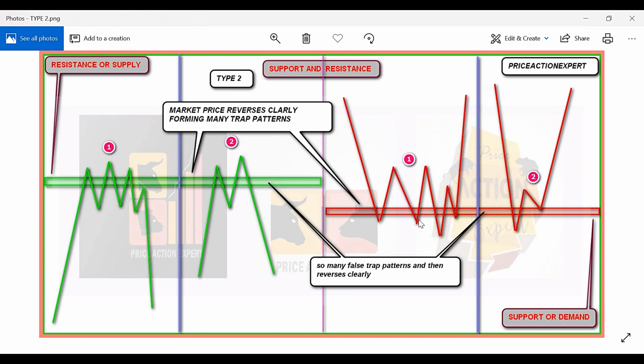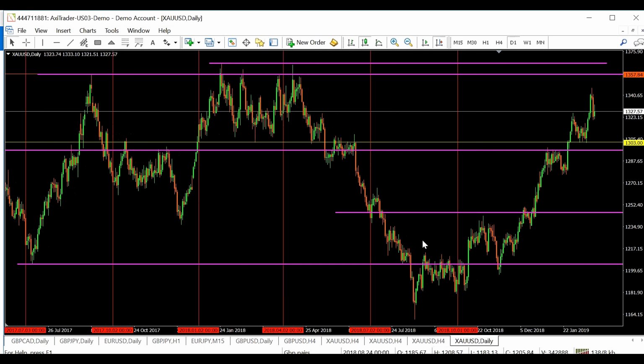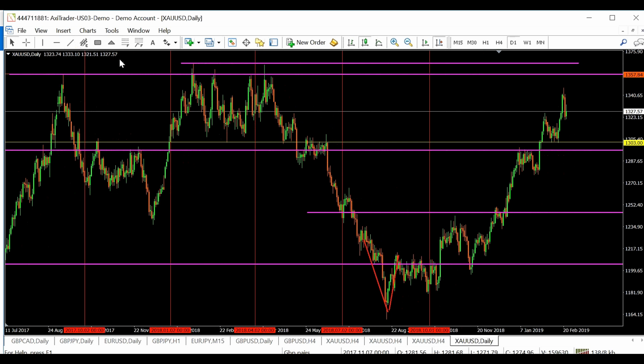Okay, now let's move on to the example of type 2. This is the gold chart again. You can see here the market gave some fake movements, and then it ranges in that area, and after that it reverses up.